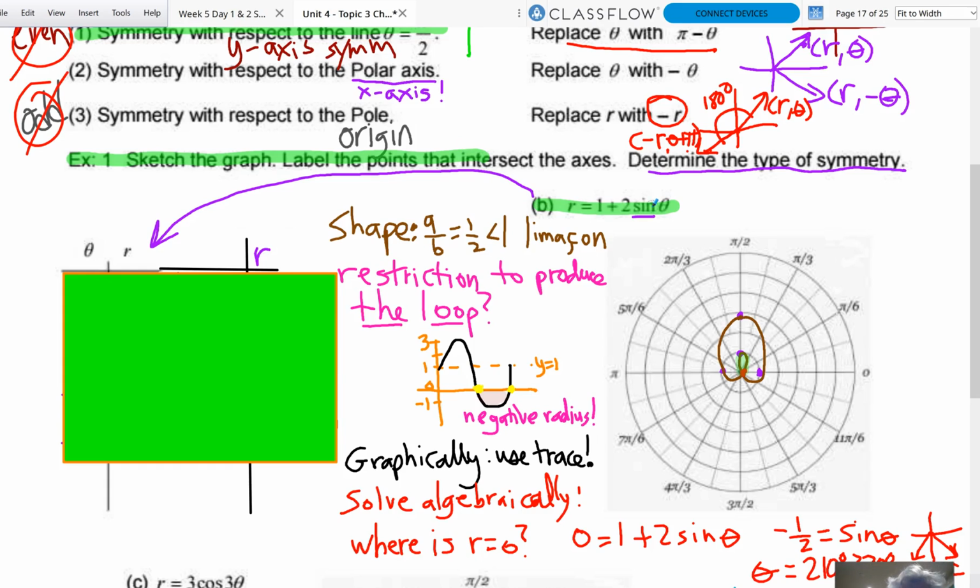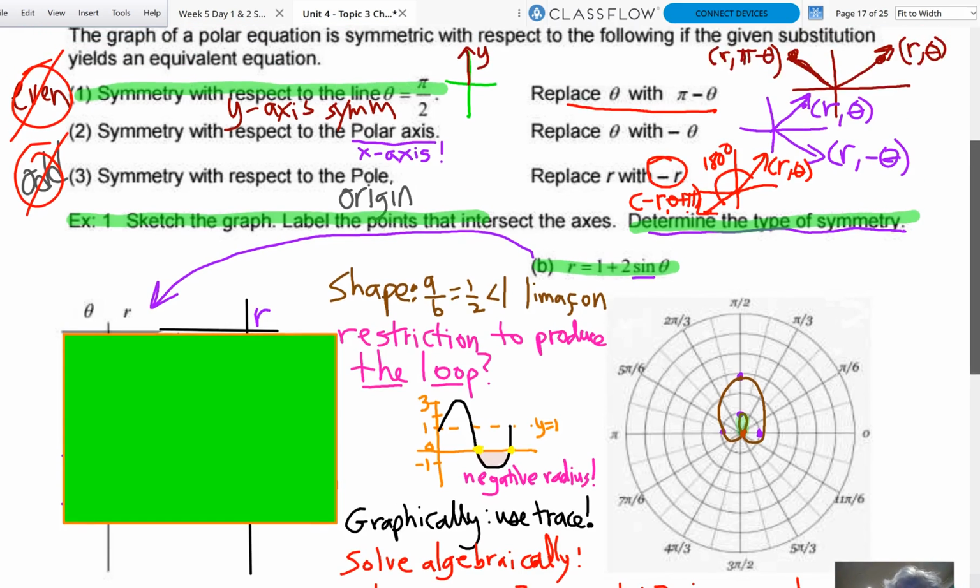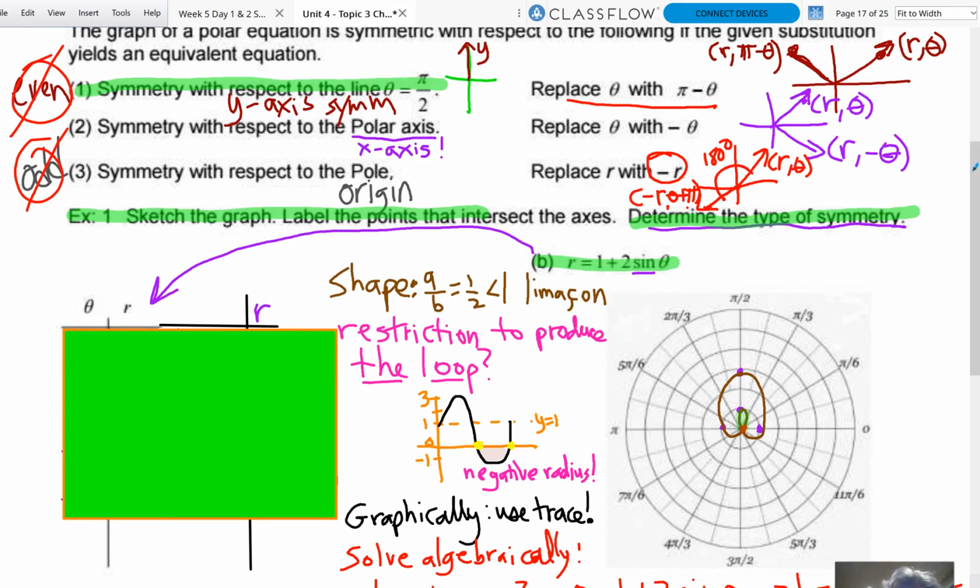Okay, and we already talked about this graph when we did GeoGebra, but I'm going to show you not only how to determine the type of symmetry, but you guys should already know the symmetry because it's a sine graph. So as soon as it's a sine graph, it's symmetrical over the, okay, it says the y-axis, but of course we're talking polar, so you can't really say it's symmetrical over the y-axis.